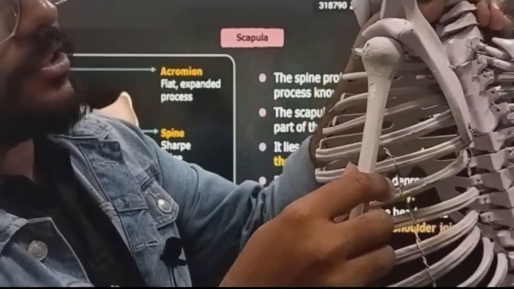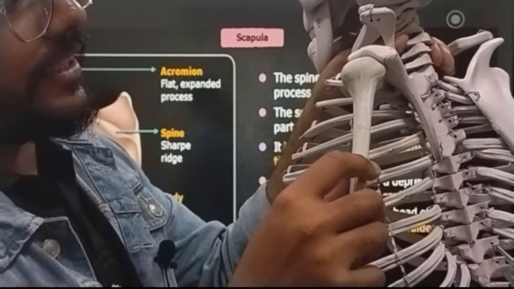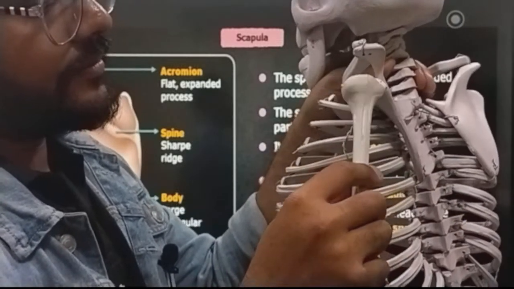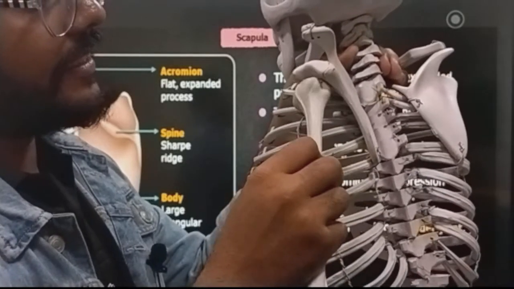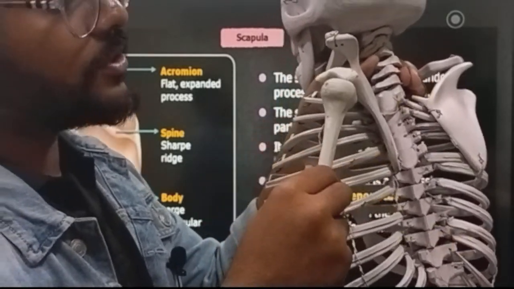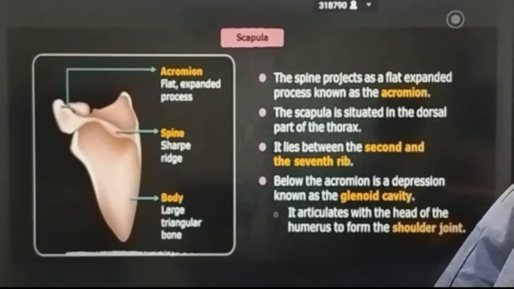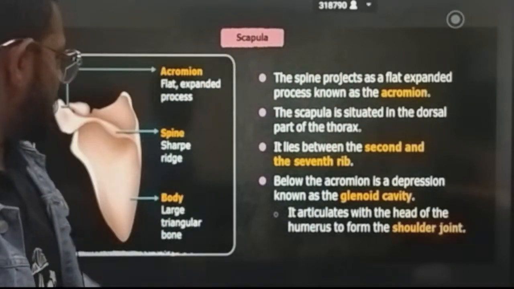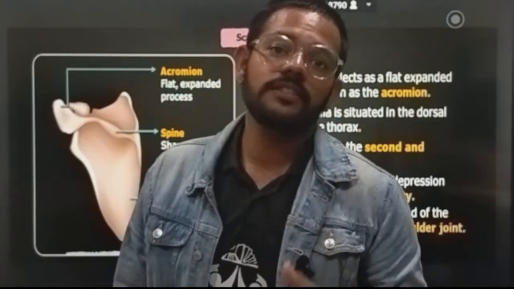It will articulate here, and it makes your ball and socket joint. This is your glenoid cavity, where it forms your movable ball and socket joint. So this is your shoulder joint, made by the glenoid cavity of the scapula, the shoulder bone, and your humerus head.